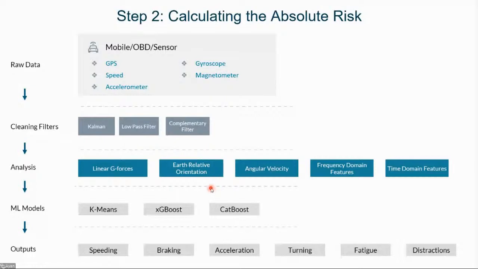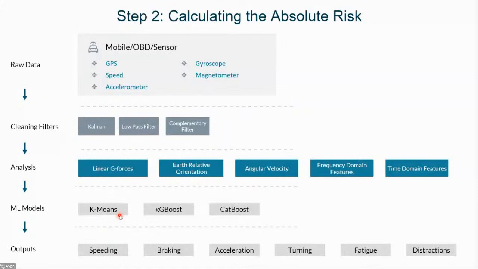And once we create all these features, we again have multiple models to detect each and every event. And for each and every event also, we have different layers of models to make sure that our recall is as high as possible and we get fewer false positives, but very high recall.